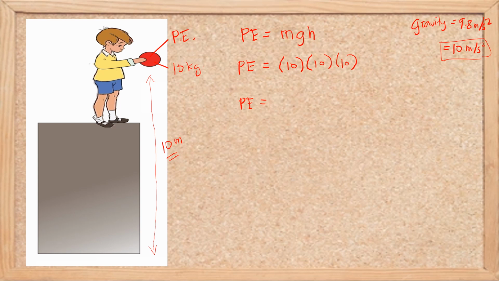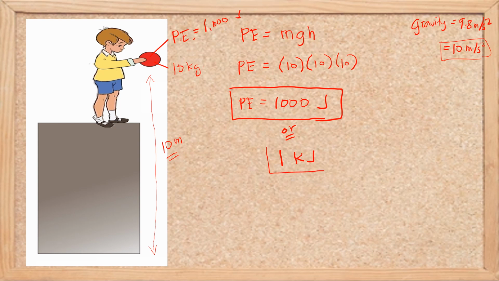So 10 times 10 is 100, times 10 is 1000. So 1000 joules. So the potential energy of the ball at this height is 1000 joules. Or you can simply write 1 kJ. So 1 kilojoule, because k here means kilo and kilo is 1000. So 1000 times 1, you will have 1000.